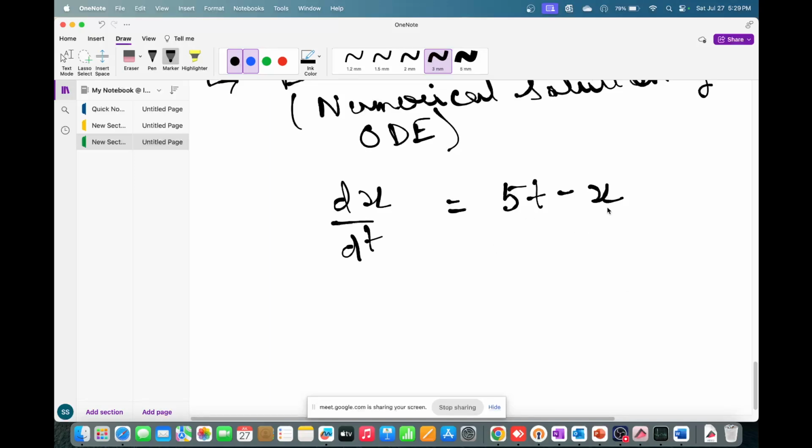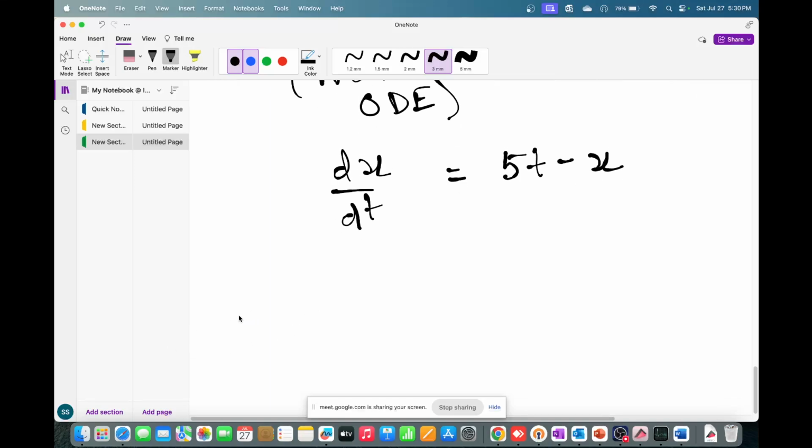You cannot directly have x and dx on one side and t on the other side. So it's a little bit more complicated than it actually looks, and a little bit harder to integrate. There are other methods that you can use, but I'm not going into that. We'll try to solve this using Euler's numerical method.